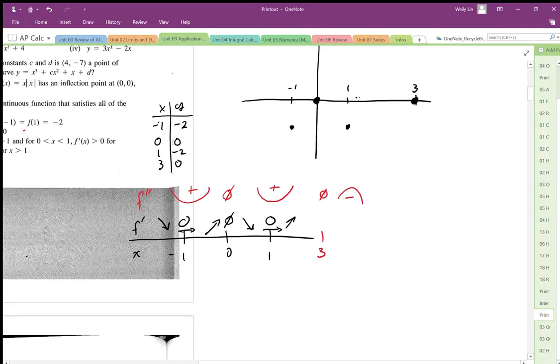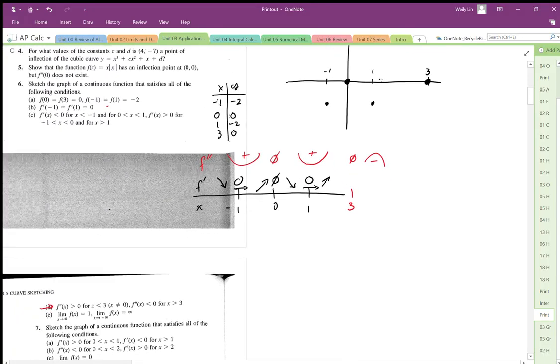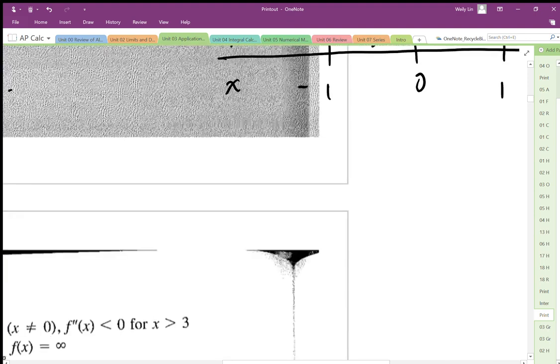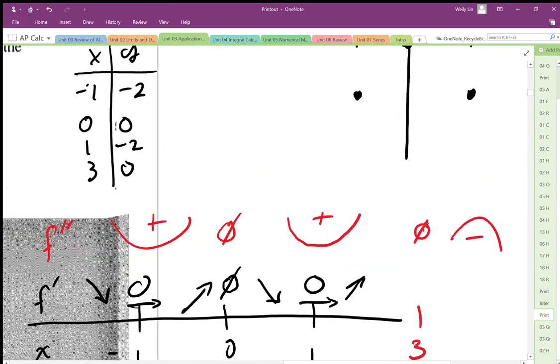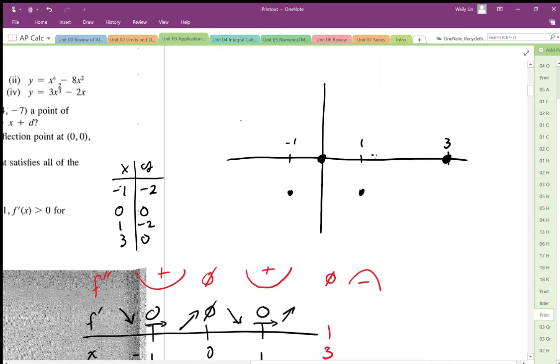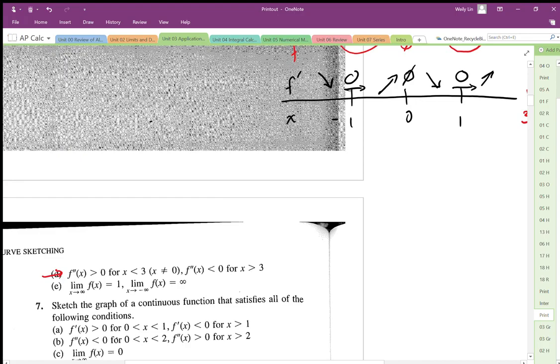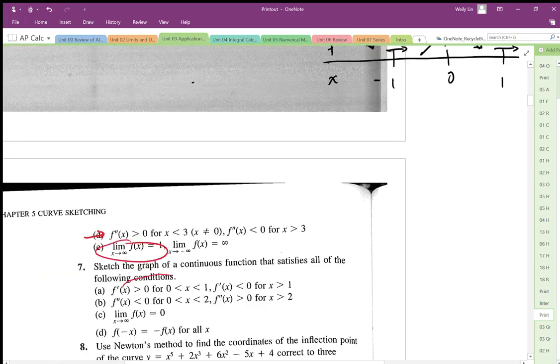And I'm going to use my end behavior here just to figure out what's happening. As x goes to infinity, y goes to 1, so that's going to be a horizontal asymptote at y equals 1 to the right. And it's going to shoot off to infinity as we go to negative infinity.